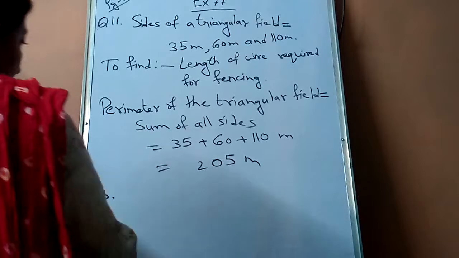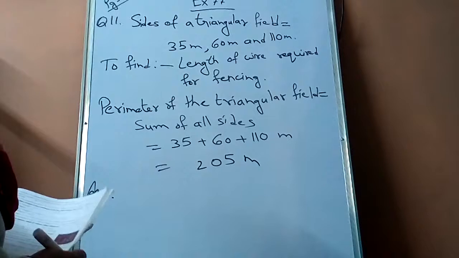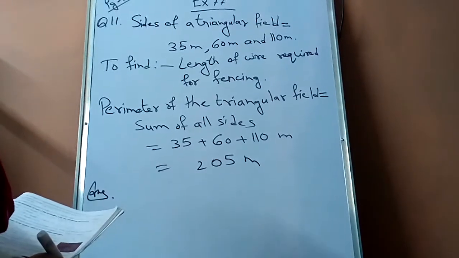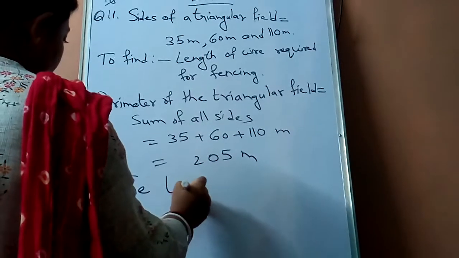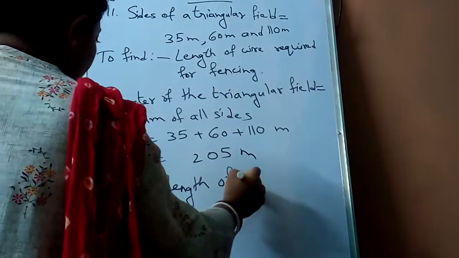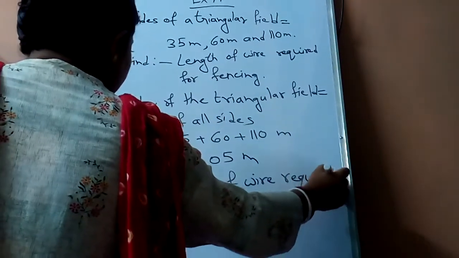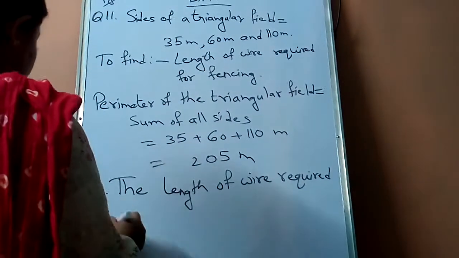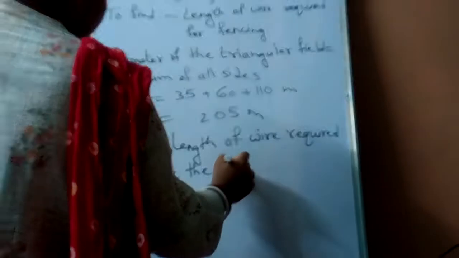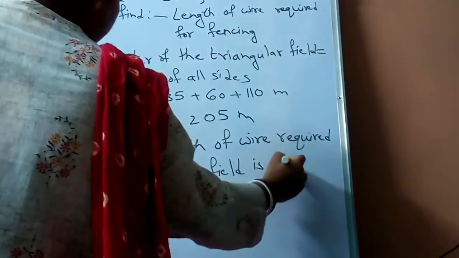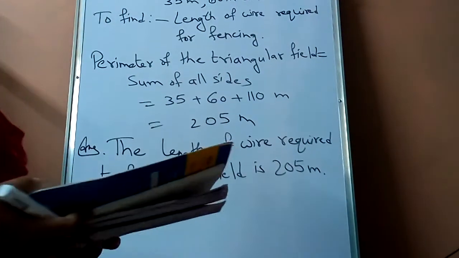So this is the answer, and since it is a word problem, you will write the answer. The length of wire required to fence the field is 205 meter. Okay, so this is for question number 11.